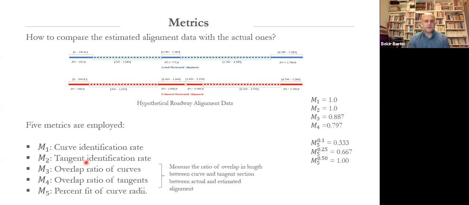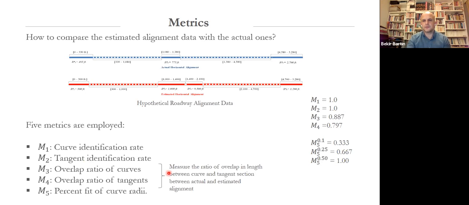M3 and M4 are the overlap ratio of curves and tangent sections. It measures the ratio of overlap in length between curved and tangent sections, between actual and estimated alignment data. Basically, you take the length of the actual and the length of the estimated one, and then see how much of it overlaps with the actual one.